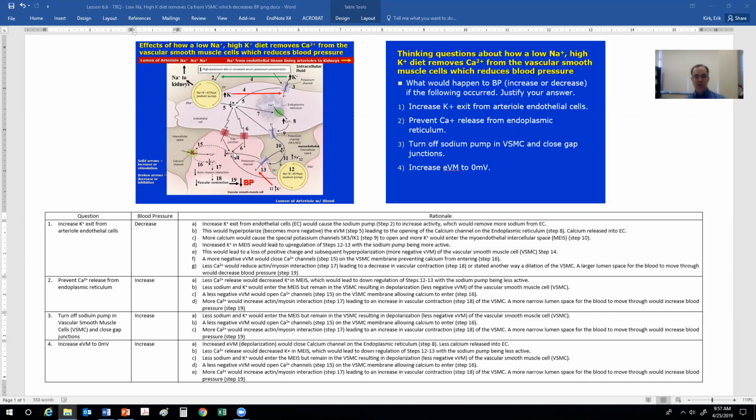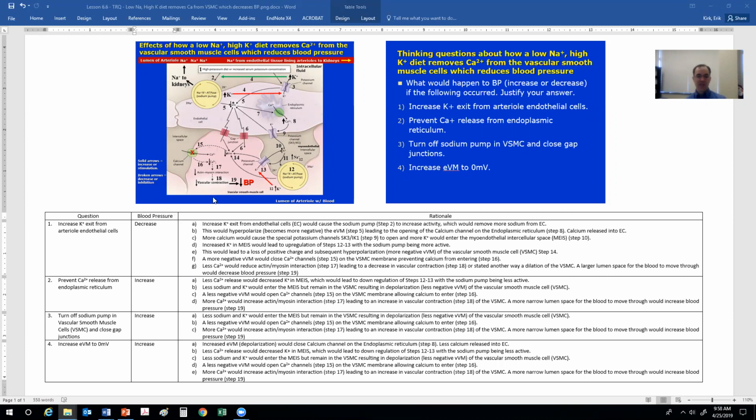With the hyperpolarization of the vascular smooth muscle cell, that's going to prevent the calcium channels from opening. Therefore, you have less calcium entry, a decrease in actin and myosin interaction, and therefore a decrease in vascular contraction. So the space for the blood to move through in the arterioles would widen, and therefore you would have a decrease in blood pressure.